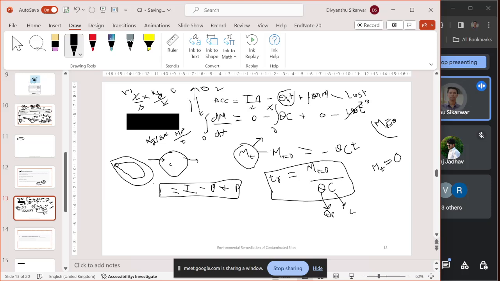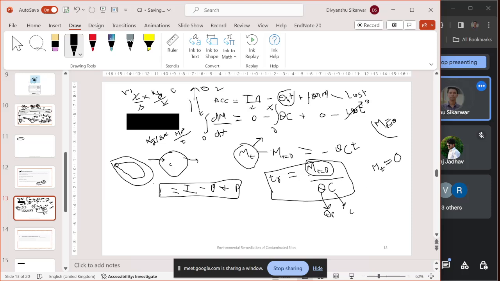So once we know this, now for calculating the TR, we need some information, like we need to know M0. We need to know the M0 value, right? If we don't know the M0 value, how do we calculate TR?